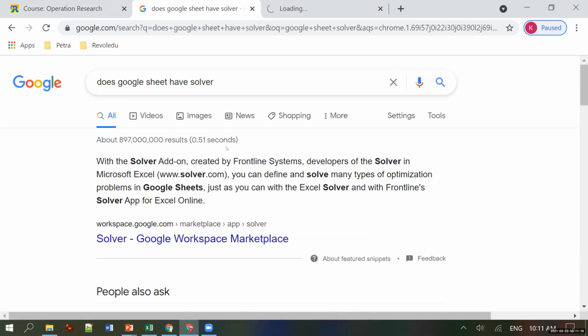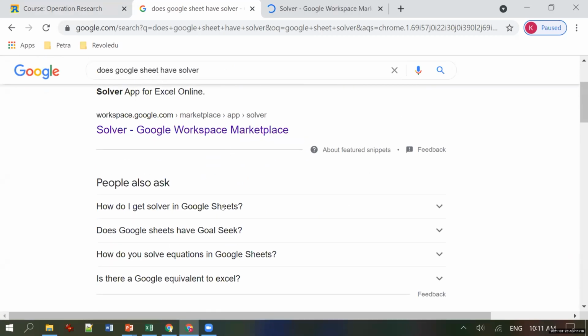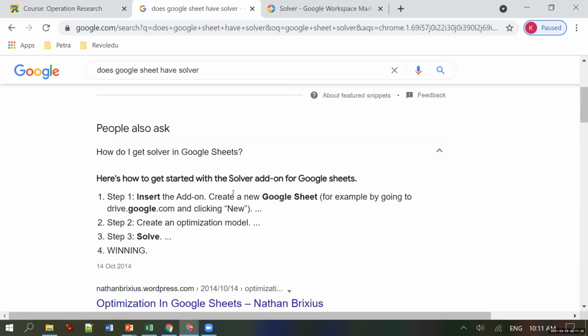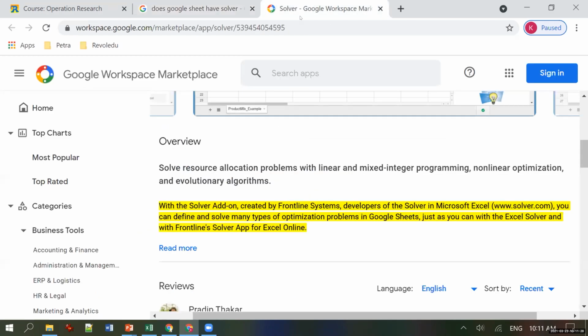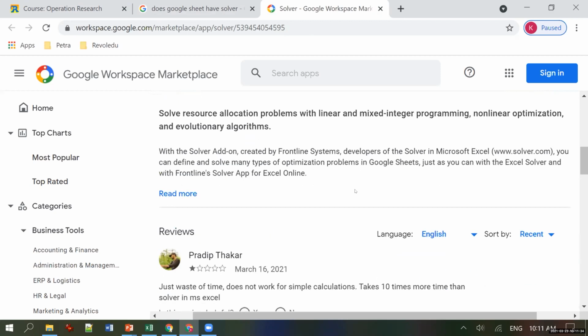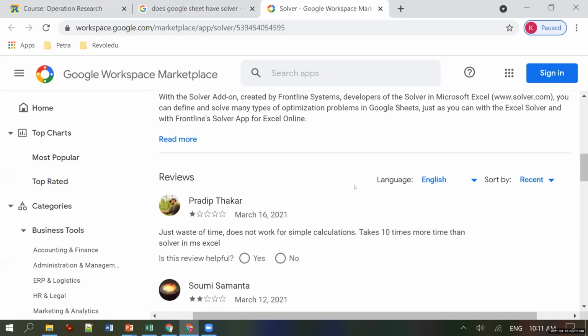There is a marketplace for that. Insert add-ons. Yeah, it's an add-on in Google Sheets. Okay, I'll download. But the review said it does not work even for simple calculation.